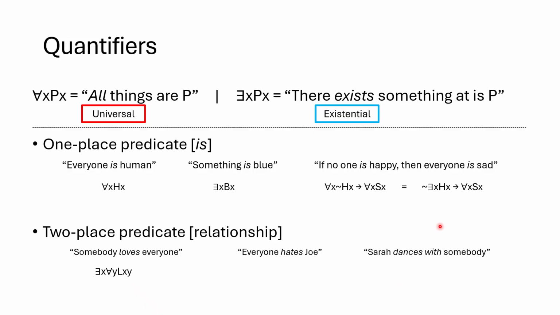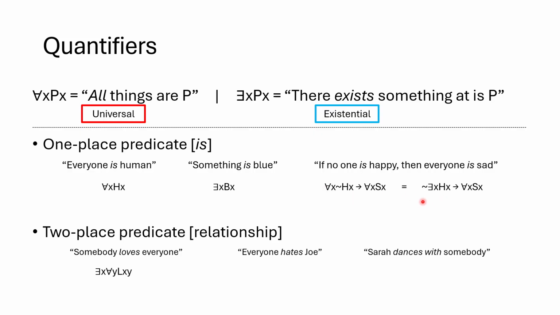So just to get back to this, I forgot that I had it on the screen. The reason why I symbolize this statement two different ways is because of what I was just saying before, where if we put the tilde in front of the universal quantifier, it changes the whole meaning.